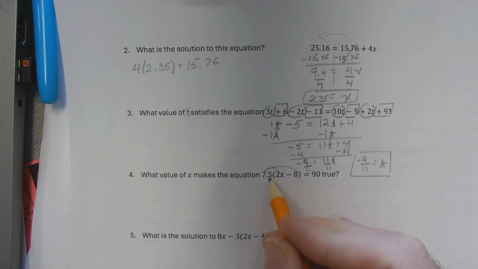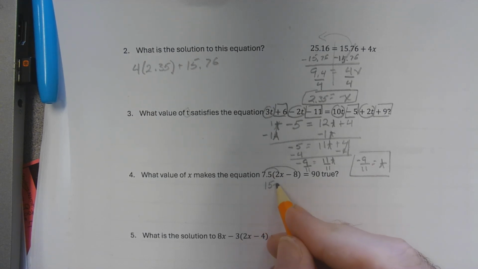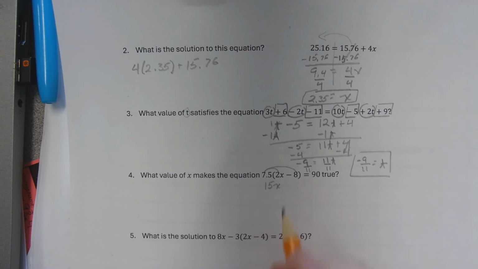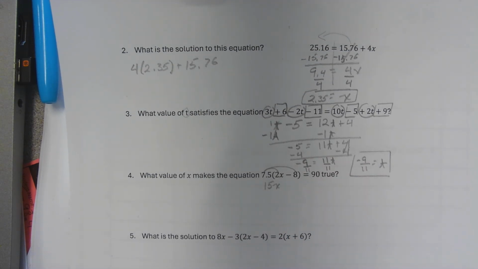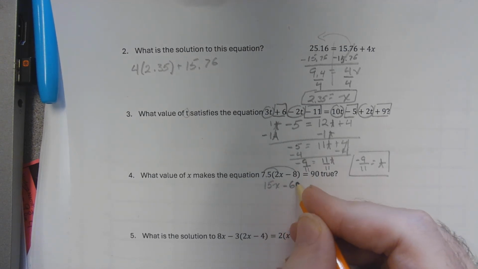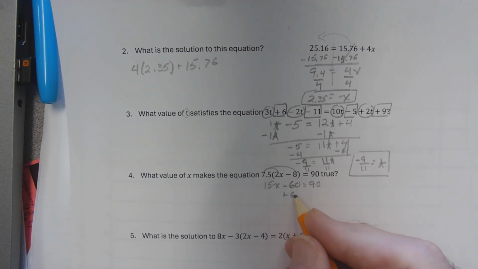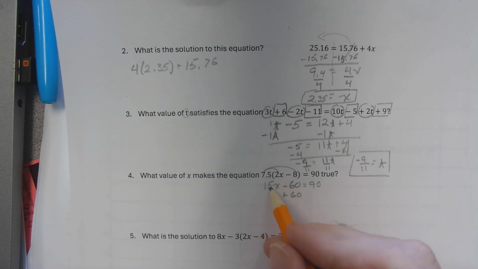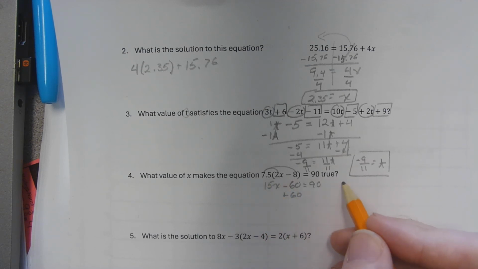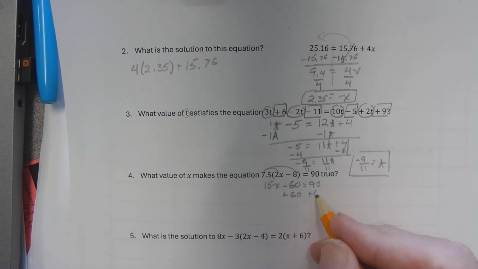Well, 2 times 7.5 is 15x. 7.5 times negative 8 is negative 60. So we add 60 because there's no like terms to combine. The variable is already on the left. There's no variables over here. So we add 60.